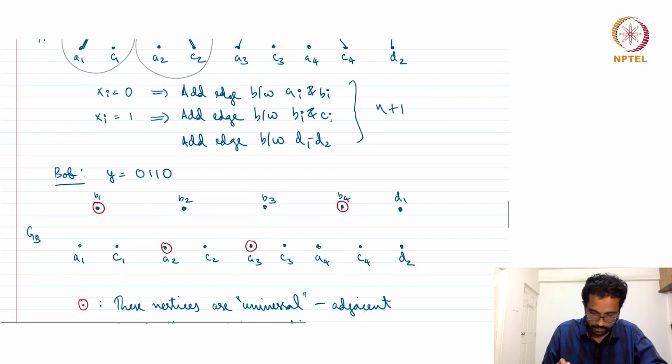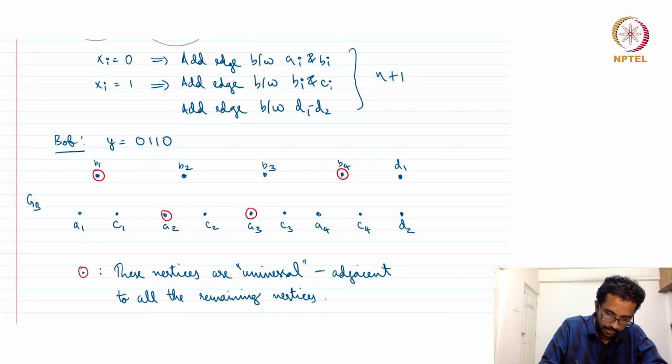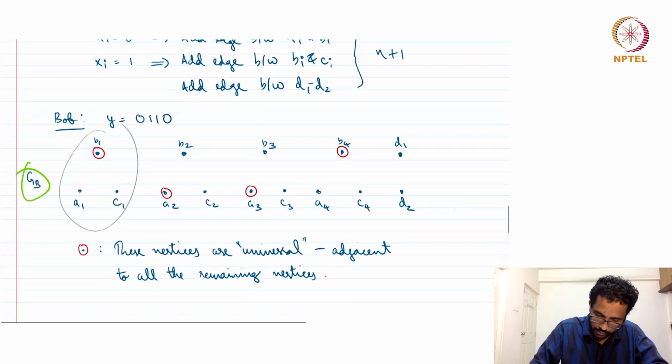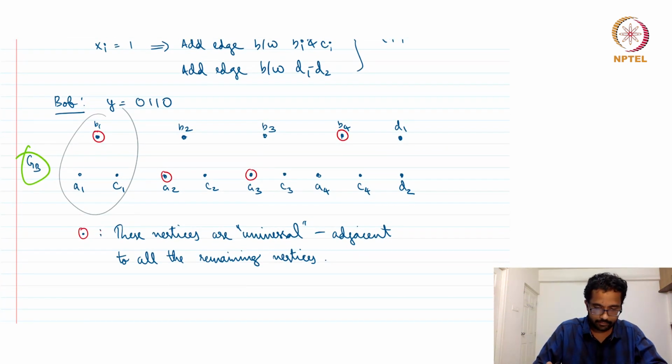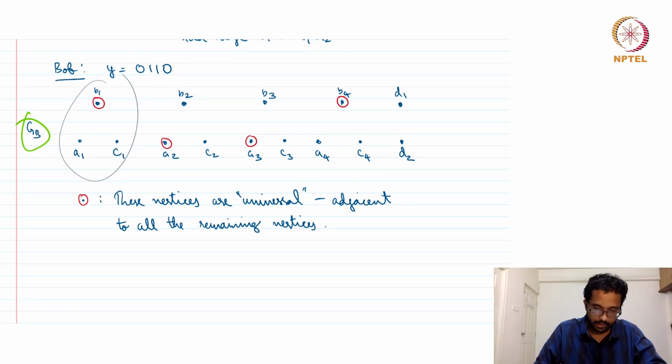Now let's see Bob's graph. Again it's on the same set of vertices, A1, B1, C1, A2, B2, C2 and so on. We call this graph GB. And what are the edges? What we do is we have these universal vertices. What do universal vertices mean?